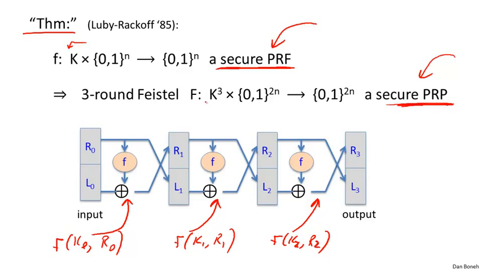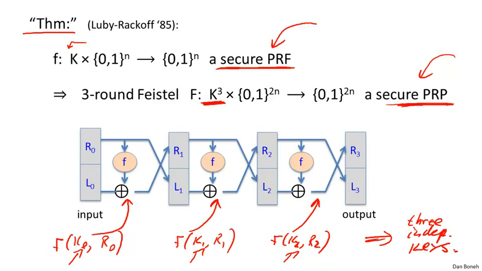And you notice this is why this Feistel construction uses keys in K cubed. In other words, it uses 3 independent keys. It's very important that the keys are actually independent. So really we need 3 independent keys, and then we end up with a secure pseudo-random permutation. Okay, so that's the theory behind Feistel networks.